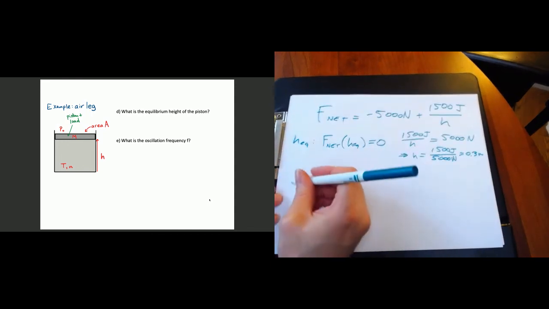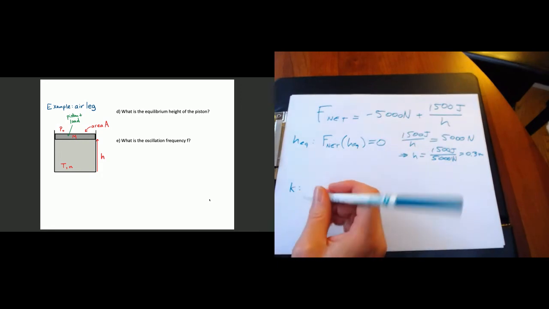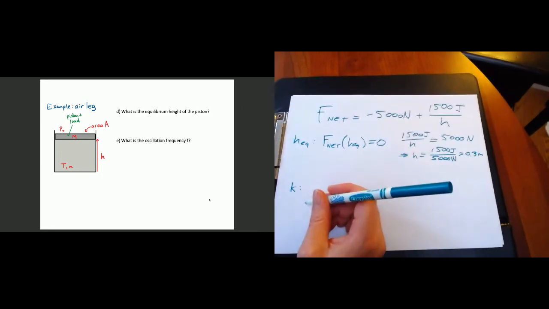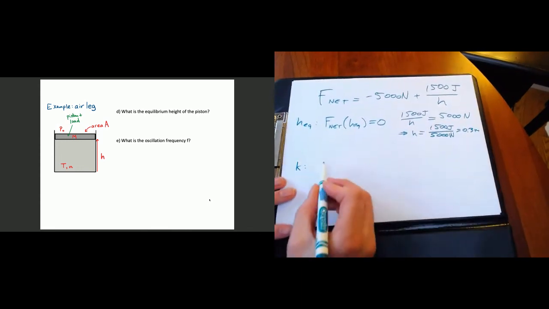Next, we want to figure out this constant K that appears in the formula for frequency. And we understood that that is the magnitude of the slope.